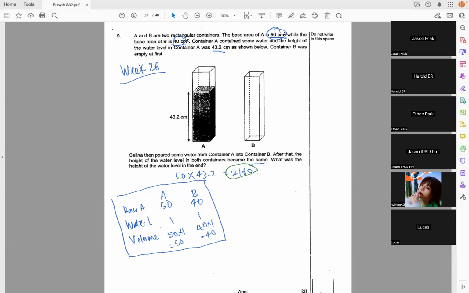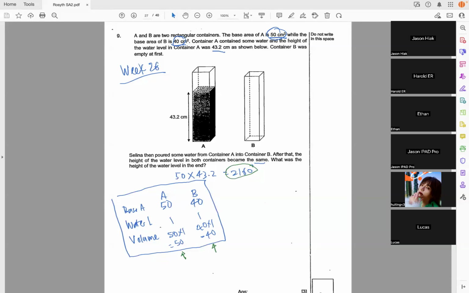Okay, and you're going to pour it into A and B. Every time you pour, you're going to pour 50 into A and 40 ml into B. And by pouring this way, the water level will always go up in A and B 1 centimeter at a time. And that's why the water level will always be equal.